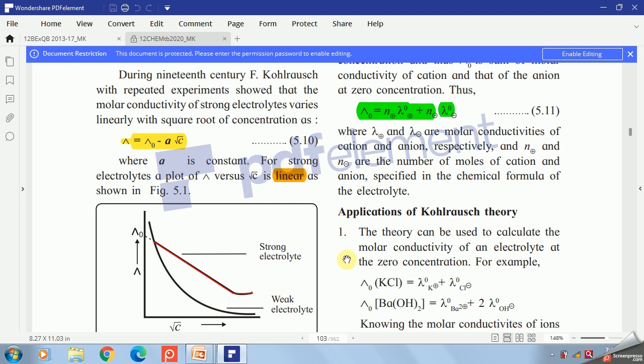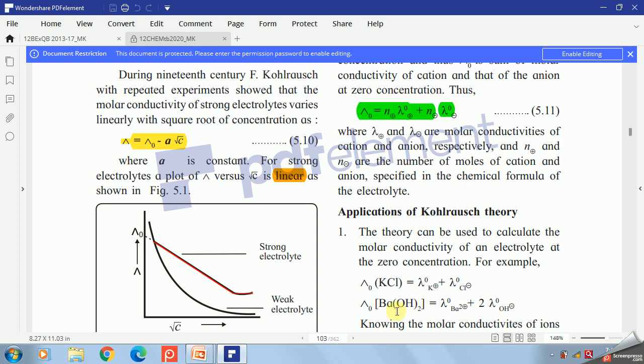Now the first application is that the law can be used to calculate the molar conductivity of an electrolyte at zero concentration. For example, the molar conductivity of KCl: lambda 0 KCl is equal to lambda 0 K plus plus lambda 0 Cl minus. This is for a strong electrolyte, and for a weak electrolyte, lambda 0 Ba(OH)2 is equal to lambda 0 Ba2 plus plus 2 into lambda 0 OH minus.